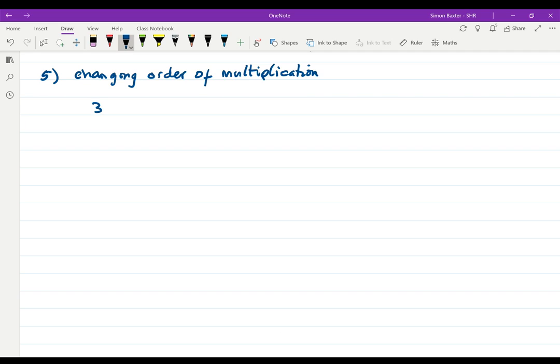We know that 3 times 4 is the same as 4 times 3. But does that mean that when I multiply two matrices together and change the order, they should still be equal? Well, let's have a look. Let's suppose that we have the matrices A times B is equal to minus 1, 2, 1, 3, multiplied by 1, 4, minus 1, 0.